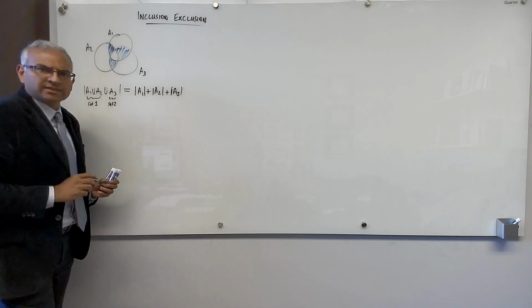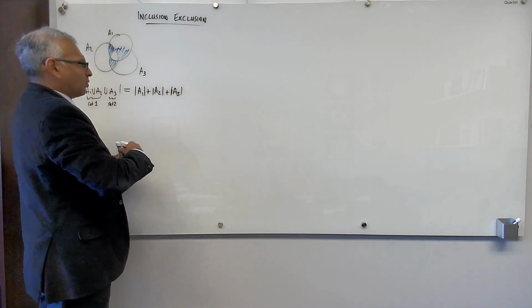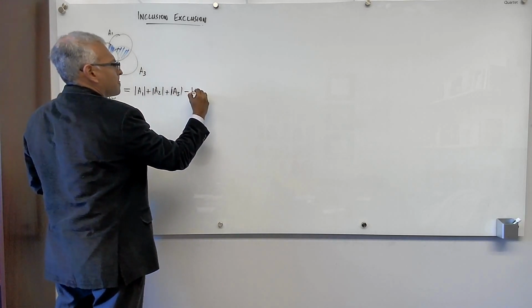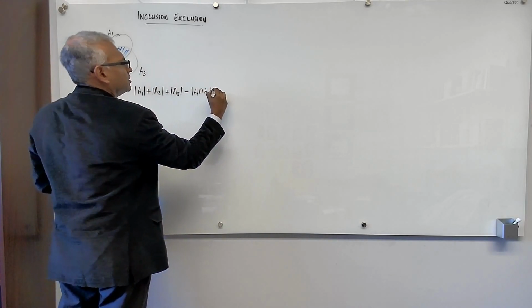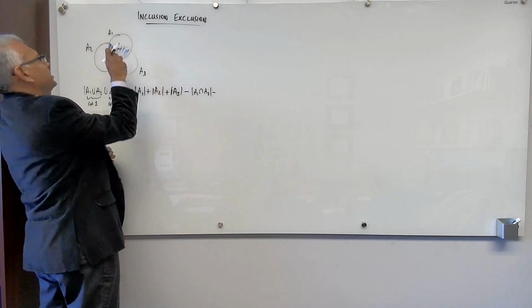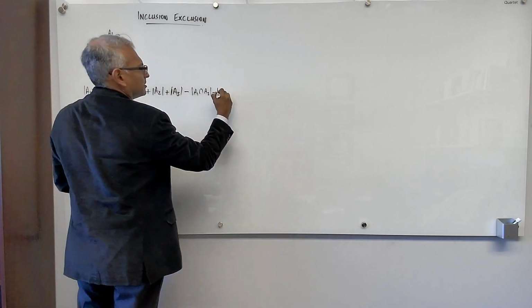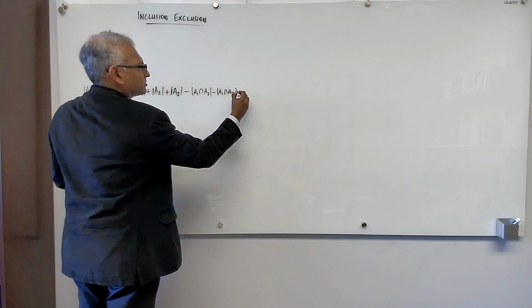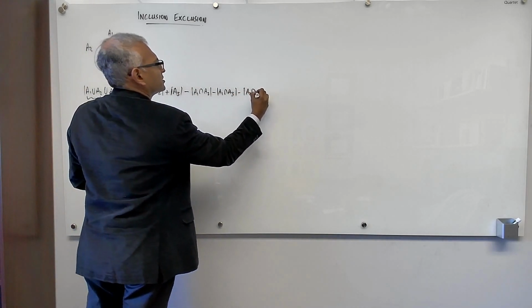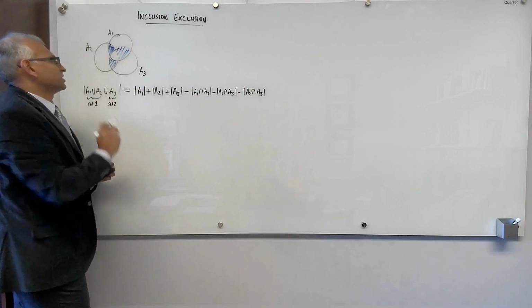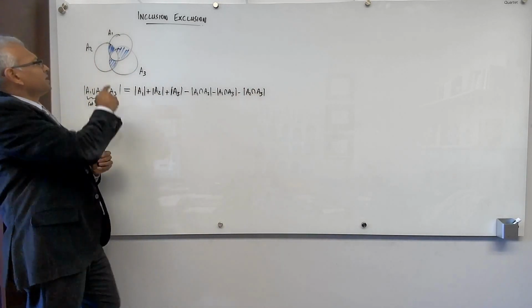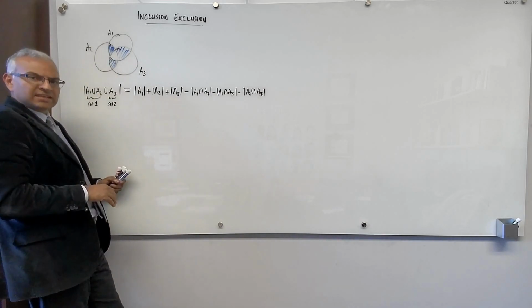So I need to subtract them once. So let me subtract A1 intersection A2, A1 intersection A3, and A2 intersection A3, because I added those twice. That takes care of the blue regions: they have all been added in exactly once.